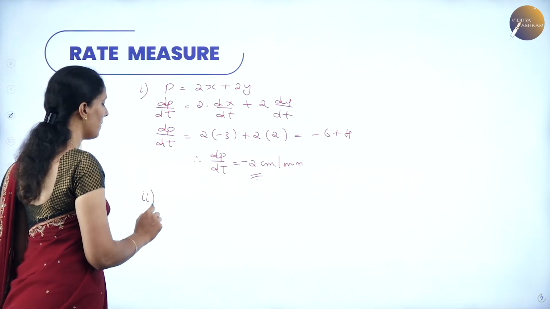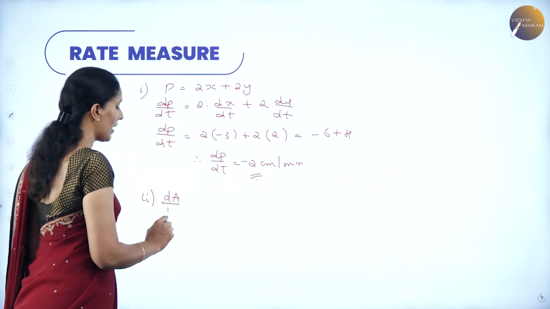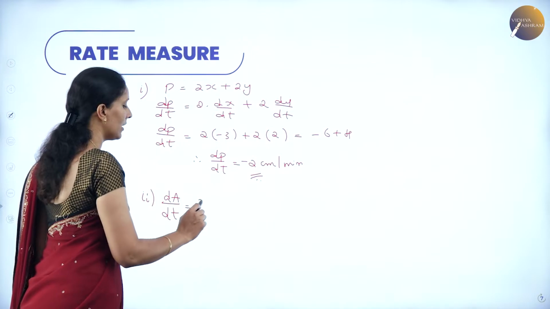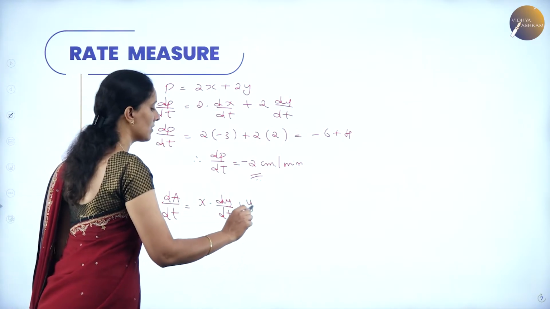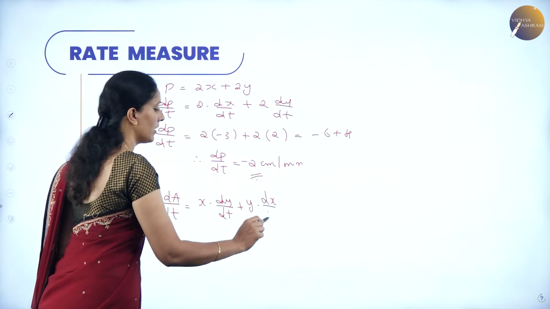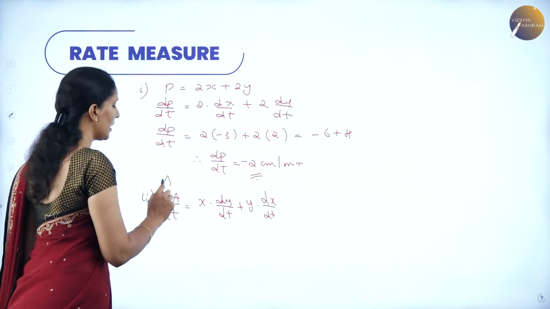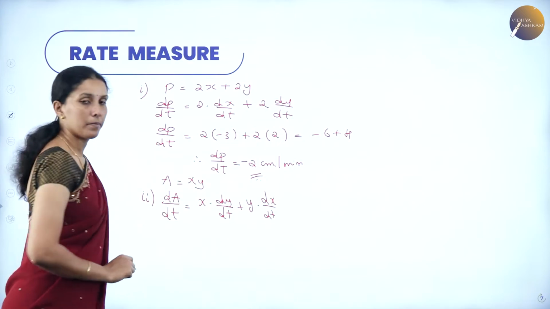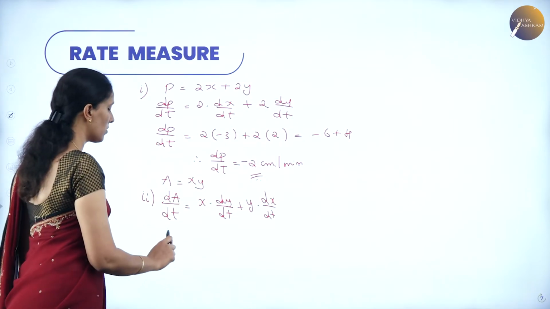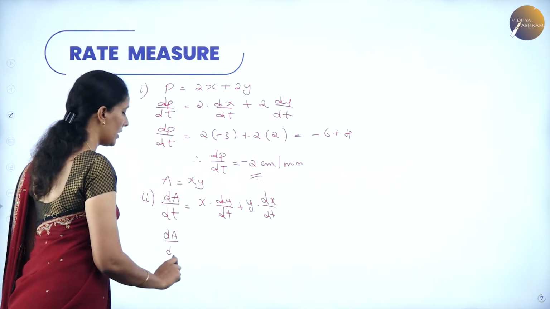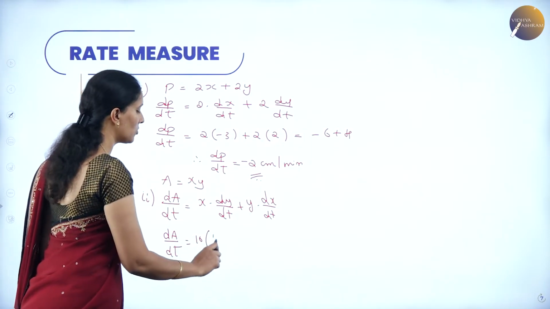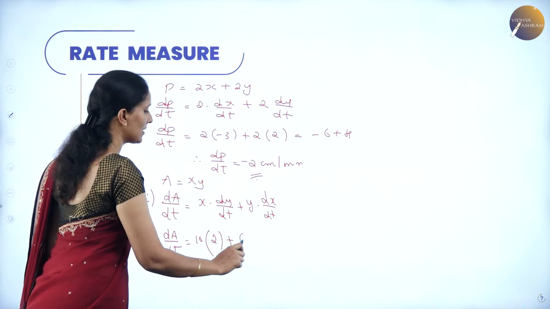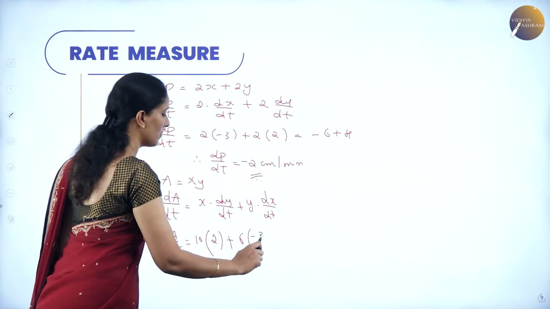Next is area. We will directly write dA by dt. It will be x into dy by dt plus y into dx by dt, because the area is x into y, applying the product rule. So now dA by dt is equal to 10 into dy by dt, which is 2, plus y is 6, dx by dt is minus 3.